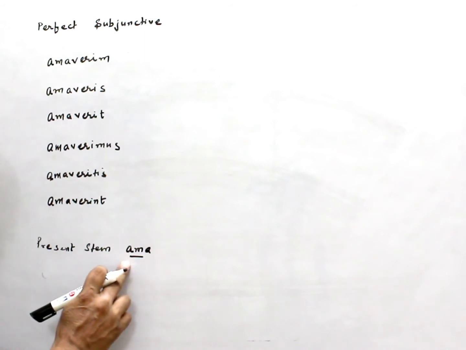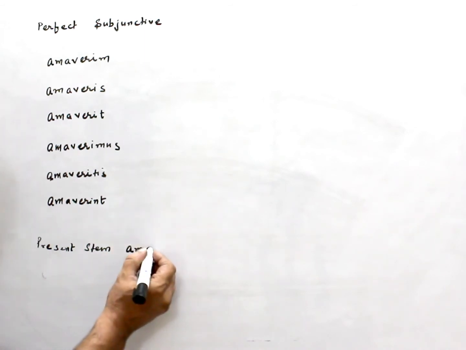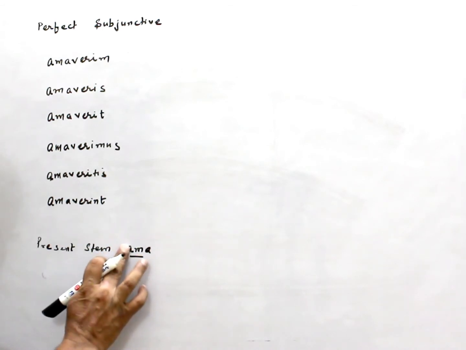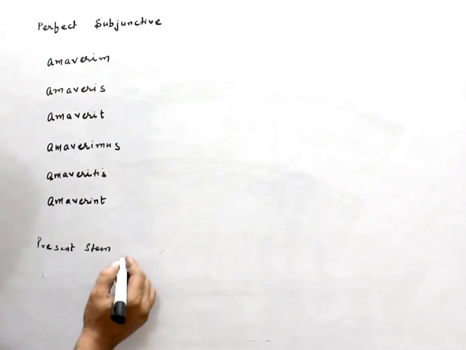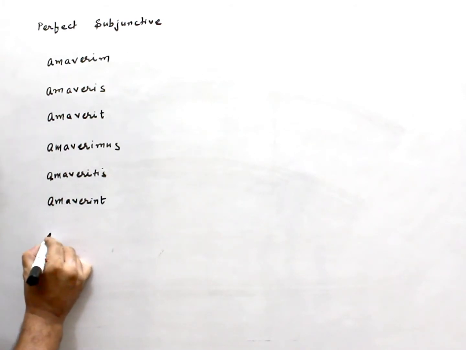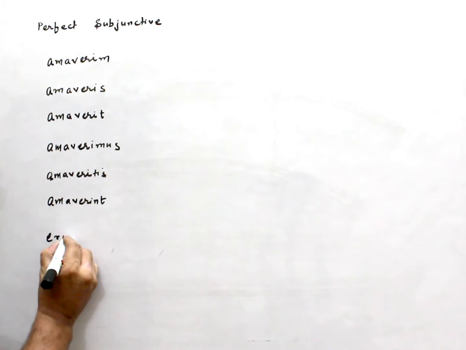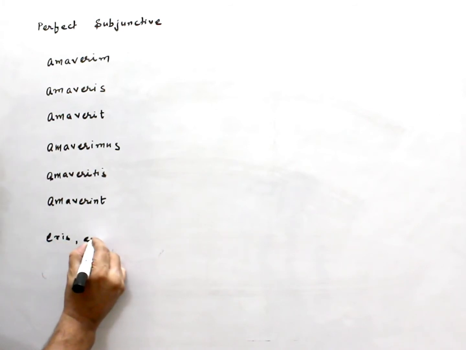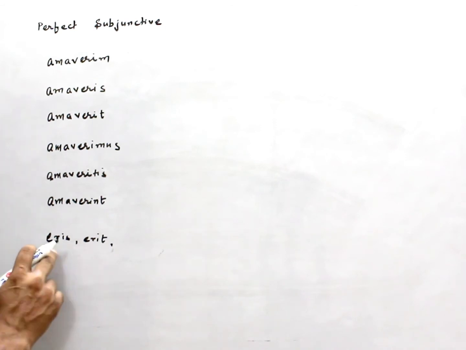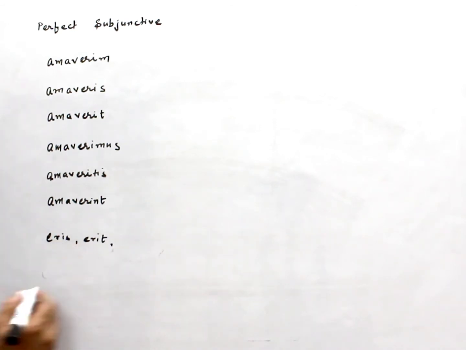For this, actually, it is not possible. If we make some different sentence, this -erim, -eris, -erit, and -erimus, these are endings for the future also.